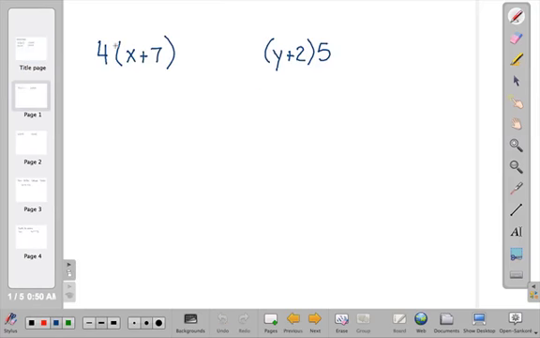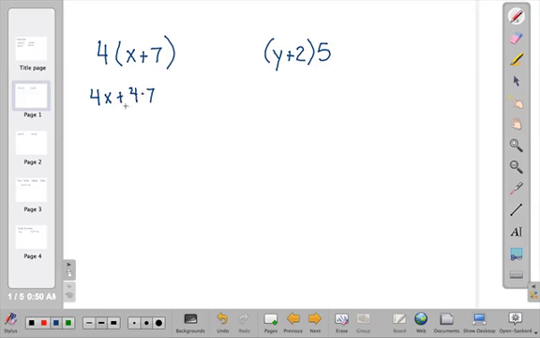So here's our first two problems we're going to do. 4 parentheses x plus 7. So that means we're going to take the 4 on the outside of the parentheses and distribute it or share it with each of the terms on the inside of the parentheses. So we're going to go 4 times x, which is 4x, plus, because there's a plus sign here, 4 times the 7.